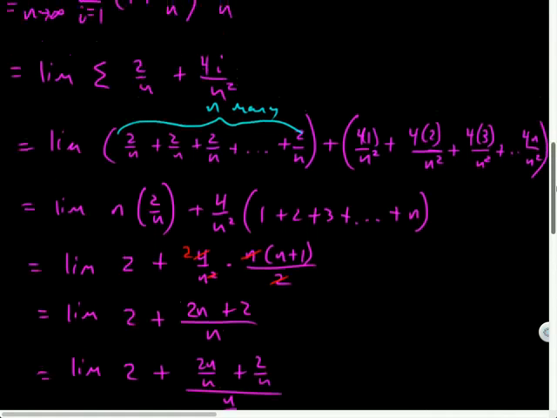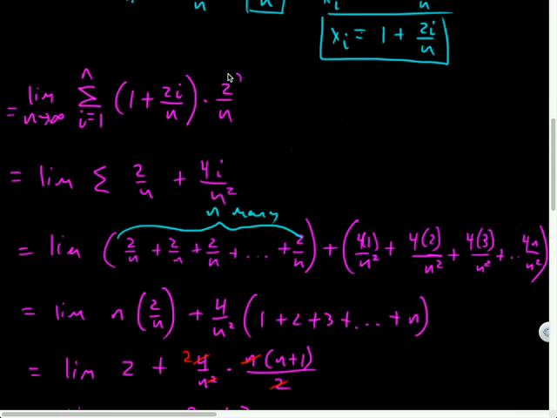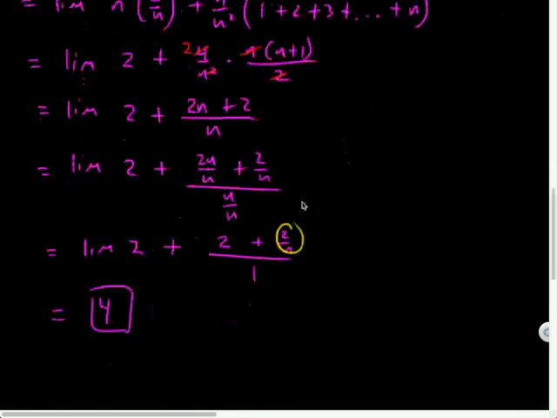What you could have done was just simplify the 2n over n into 2 and then not have to divide by anything. You just simplify that to 2, and then you would have had to divide.